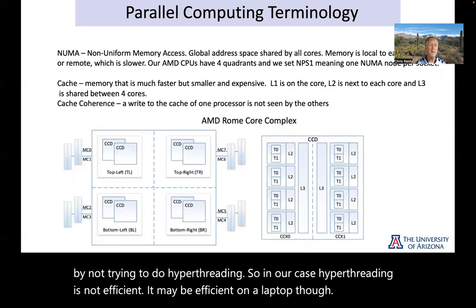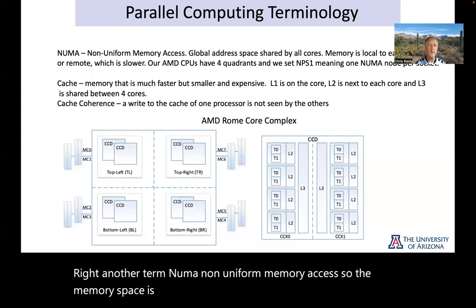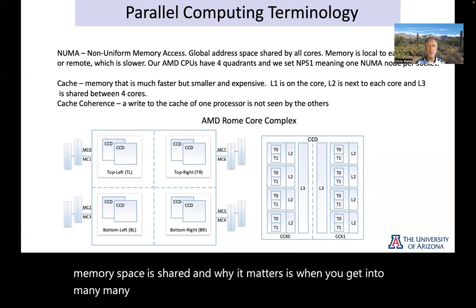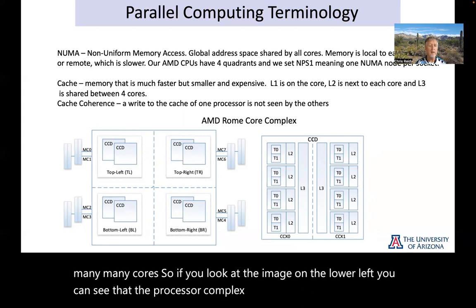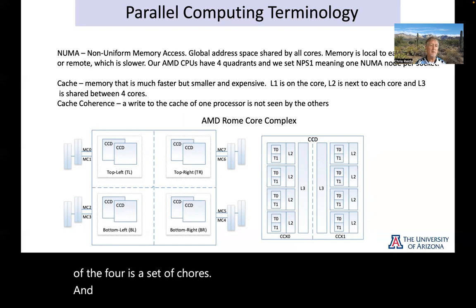Right, another term, NUMA, non-uniform memory access. So the memory space is shared. And why it matters is when you get into many, many cores. So if you look at the image on the lower left, you can see that the processor complex is divided into 4. And on each of the 4 is a set of cores. And each of those quadrants has a set of memory channels that go out to the memory DIMMs.